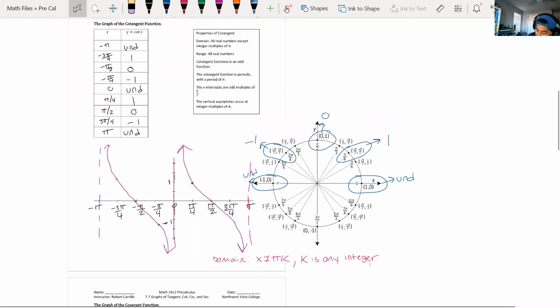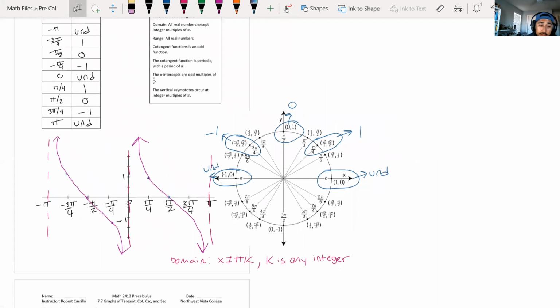Okay, and the range is all real numbers. Cotangent is odd. It reflects across the origin, and then it repeats itself every pi. And the intercepts are odd multiples of pi over 2, and you have vertical asymptotes at integer multiples of pi. Okay, any questions on cotangent?